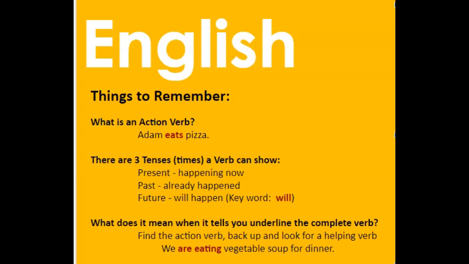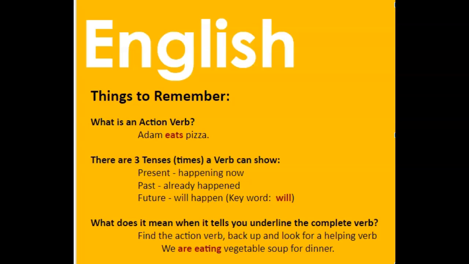And remember, a future tense verb always has the word will. So if it's a future tense verb, it might say something like the batter will play a game tomorrow. So will play would be what we call the complete verb. Future tense verbs always have to have the word will in front of it.